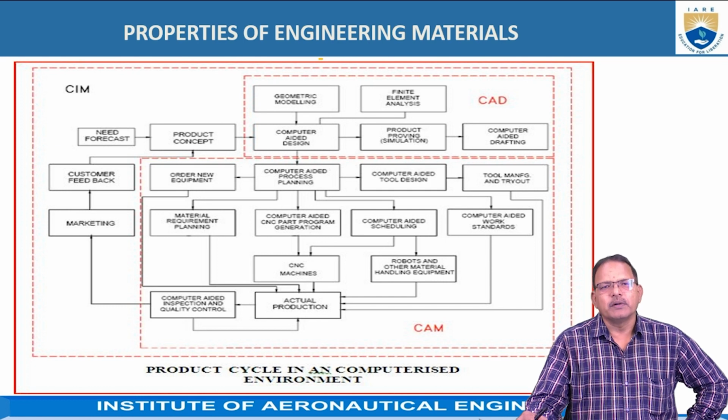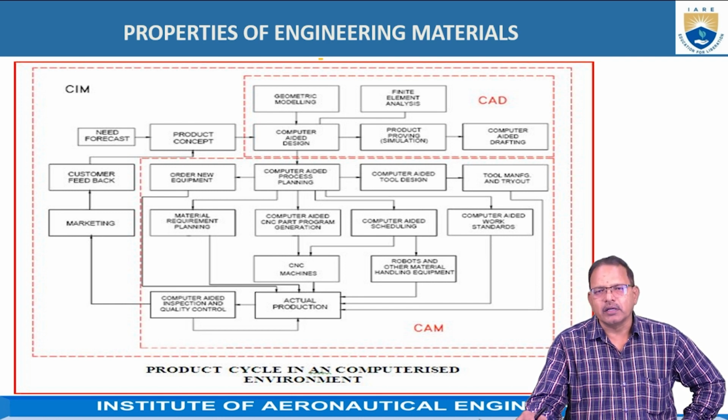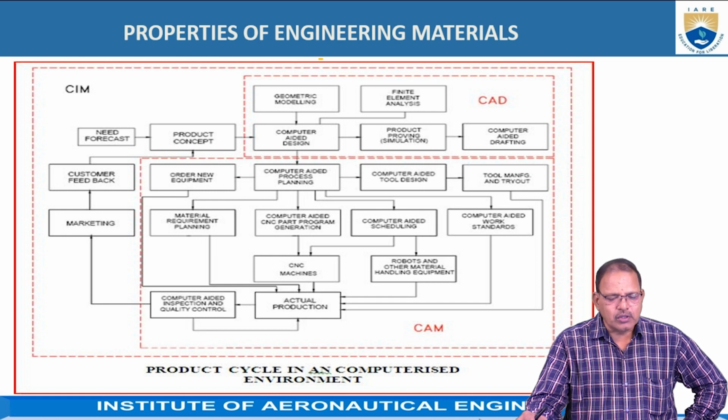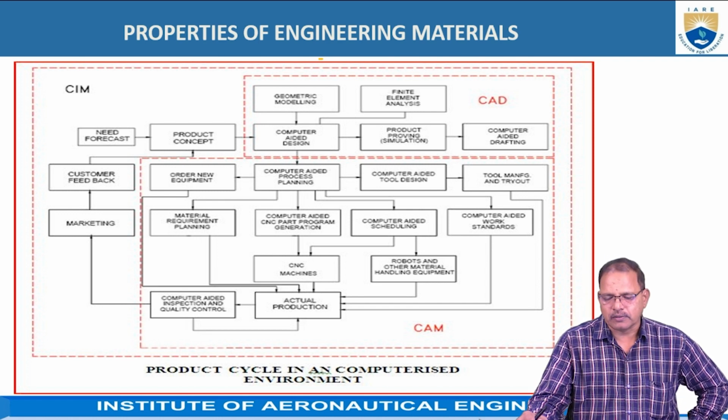And if it is perfect, then computer aided drafting is required. That is the final drawing. This entire part comes under computer aided drafting. That is, what is the need of the product and how it is developed, what is the final drawing, including the dimensions and the materials we have to keep.